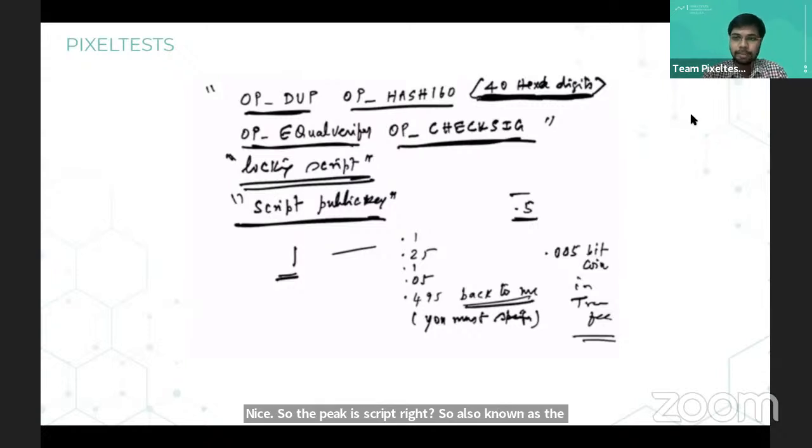And now this is where we'll try to understand. For example, if A has 1 Bitcoin and this 1 Bitcoin is being sent to multiple people, right? There are 4 people who are receiving in this particular format: 0.1, 0.25, 0.1, 0.05.